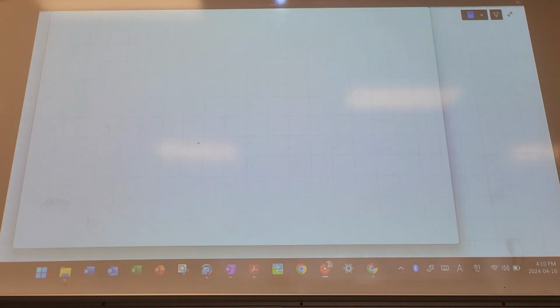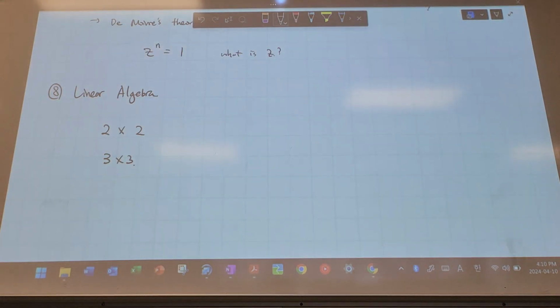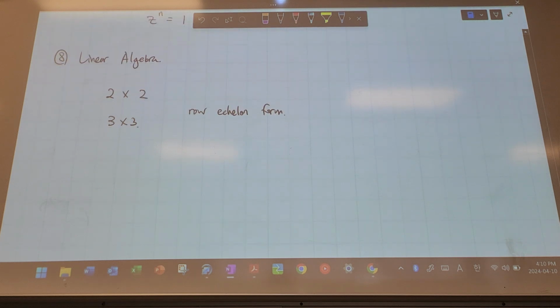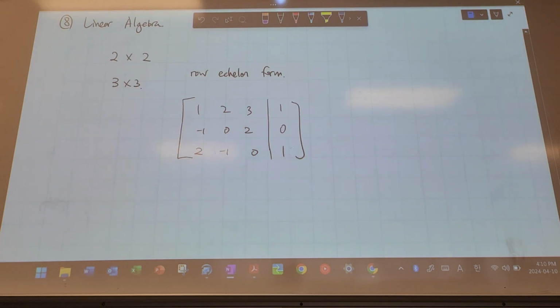Our goal is to find the row echelon form. So basically, the 3x3 system usually looks like this: you have 1, 2, 3, -1, 0, 2, let's say 2, -1, 0, and then the constant terms on the other side, like 1, 0, 1. So this is a 3x4 matrix.